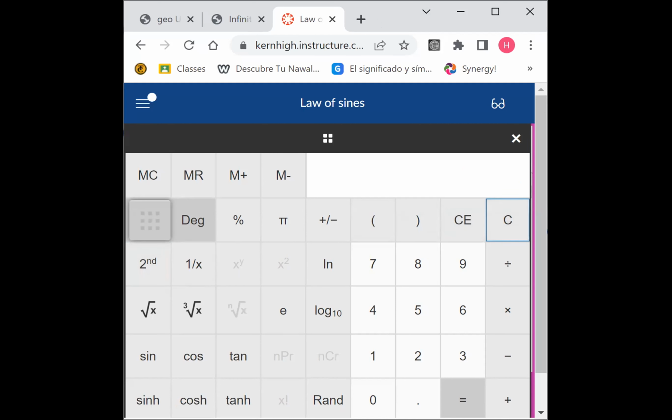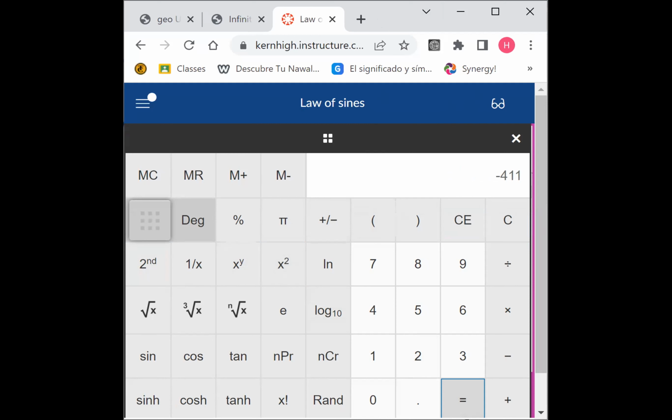So let me just type the top of my fraction, A squared minus B squared minus C squared. So I'm just going to go 13 squared minus 16 squared minus 18 squared equal. So that's the top of my fraction.